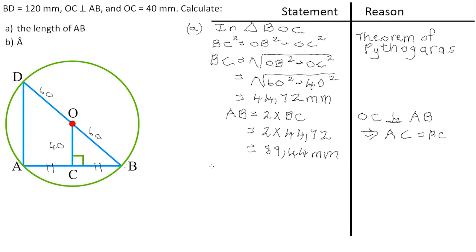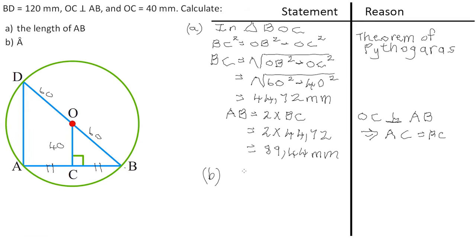Now let's look at the second part, B. They want the value of angle A. Let's go back. By looking at this diagram, BD is your diameter, and angle A is subtended by the diameter. Any angle that's subtended by the diameter is equal to 90 degrees.